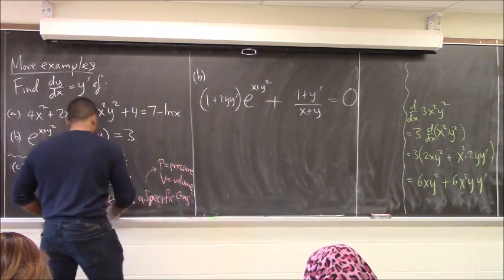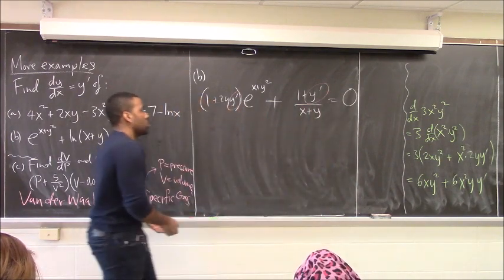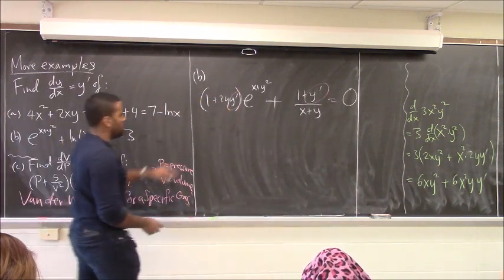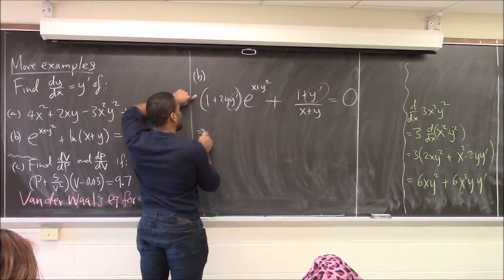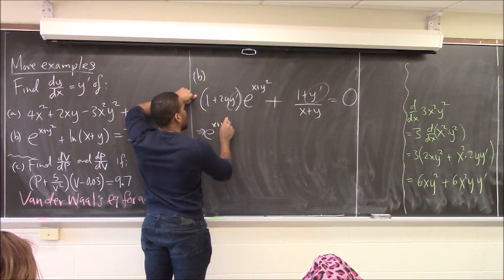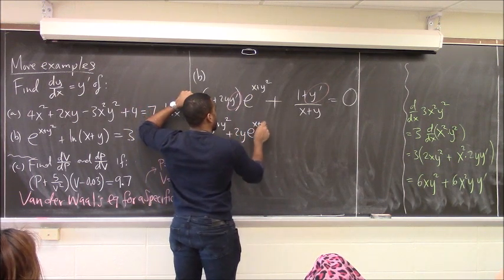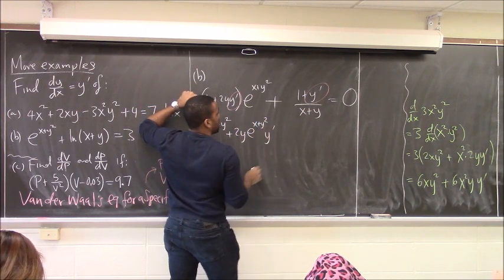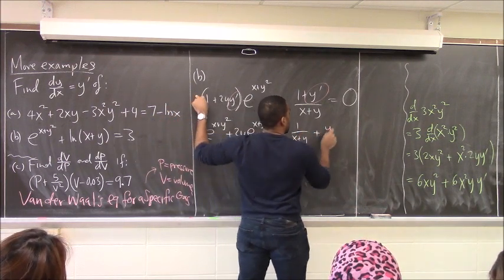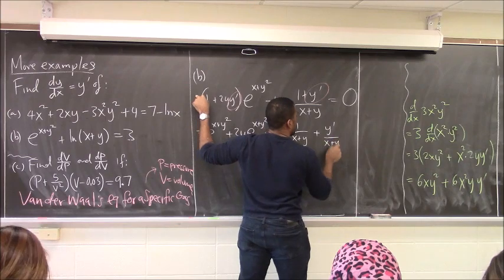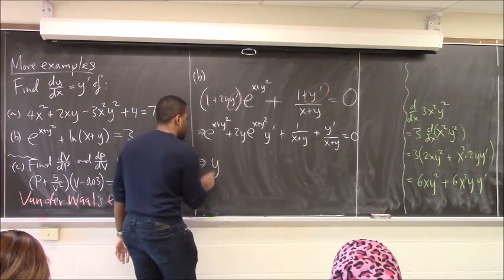And so now again, we want to isolate the y primes. So I'll start to break these out of the parentheses. Distributive law here. Plus, I just split these fractions here. And again, isolate the y primes.